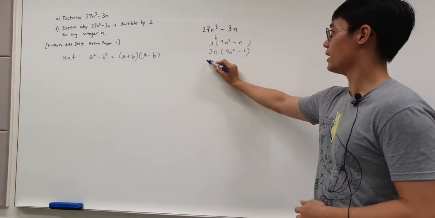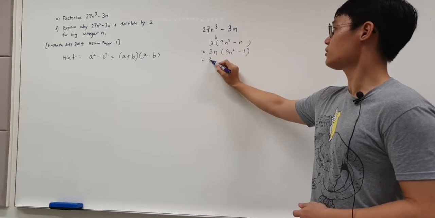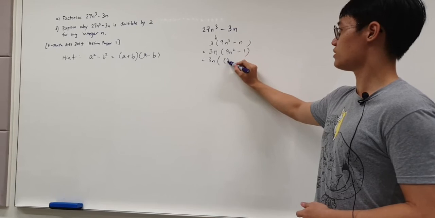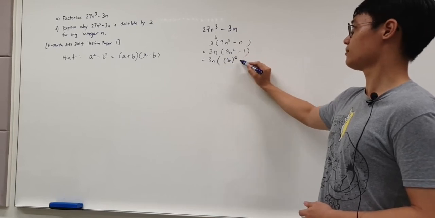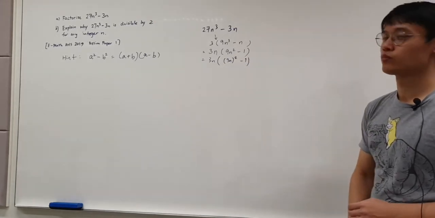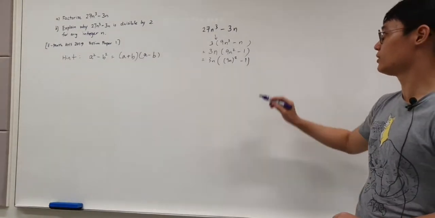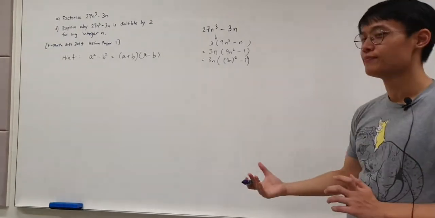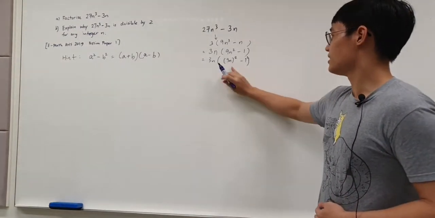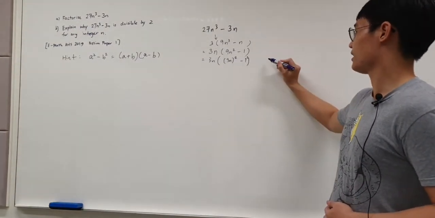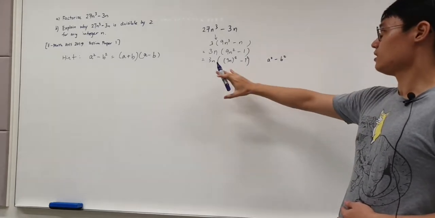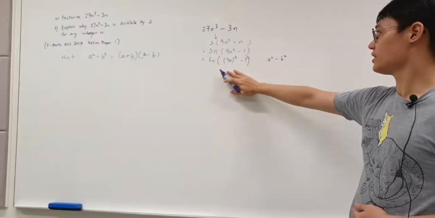Why can we break this down further? Because 9n squared is equal to 3n squared, and we can also put a square on the 1, because 1 squared is equal to 1. So from here, we can try and match the formula with the expression over here.